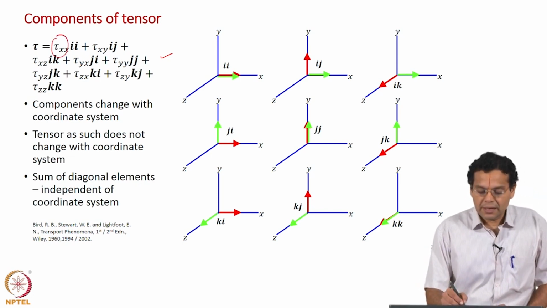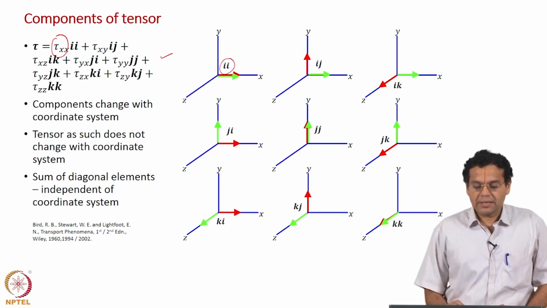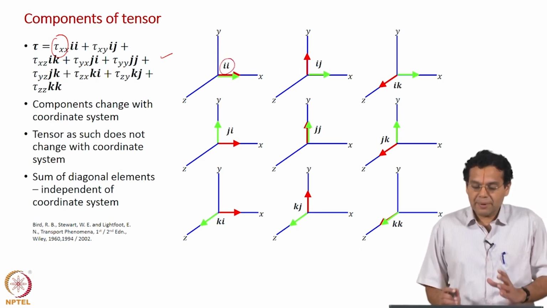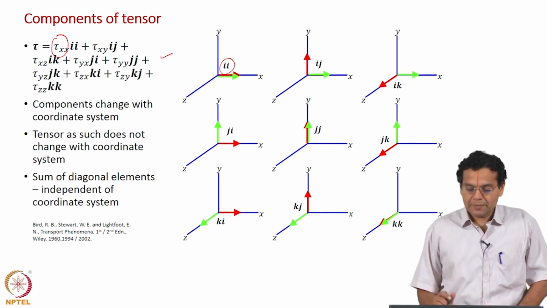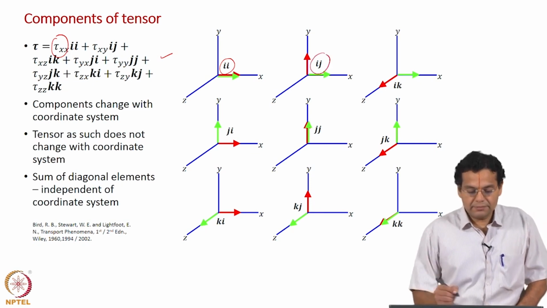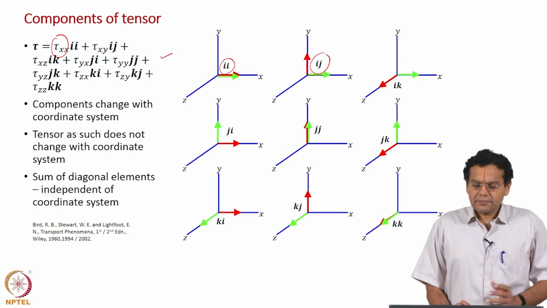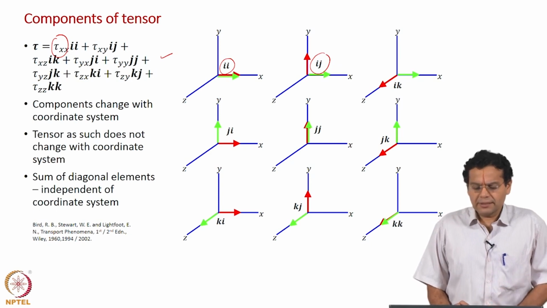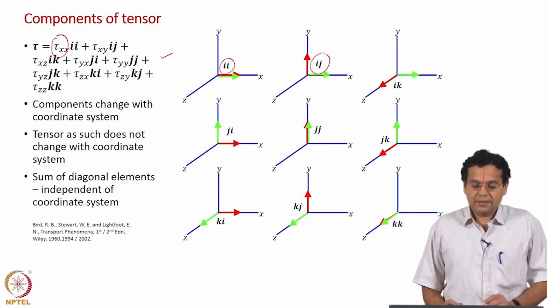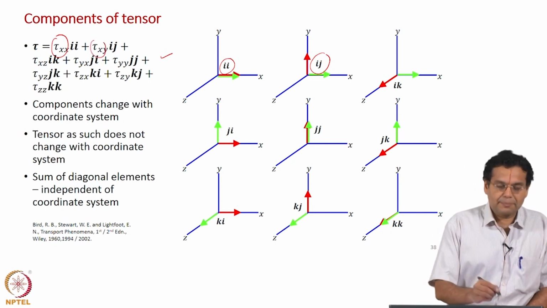For example, tau xx is associated with i and i, a pair of unit vectors, and if you take i j, the component associated with the unit vectors i and j is tau xy. Similarly, other pairs of directions.